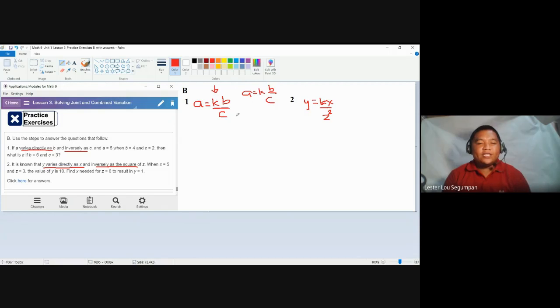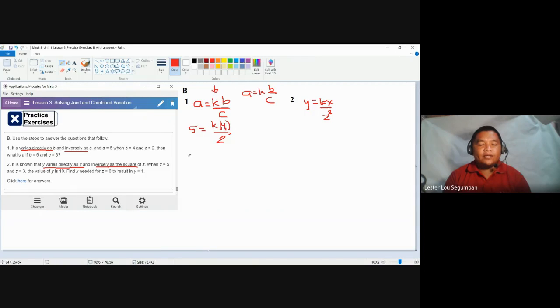We have here a situation to solve for k. A is 5 when b is 4 and c is 2. We are going to use this one to solve for k so that we can solve the unknown later on. So we have here 4 divided by 2 is 2.